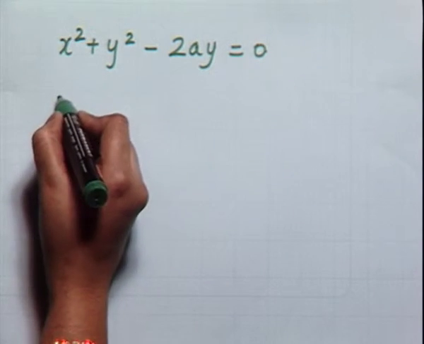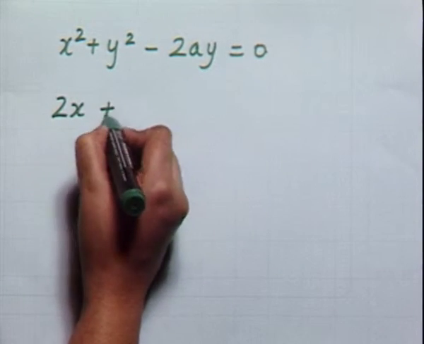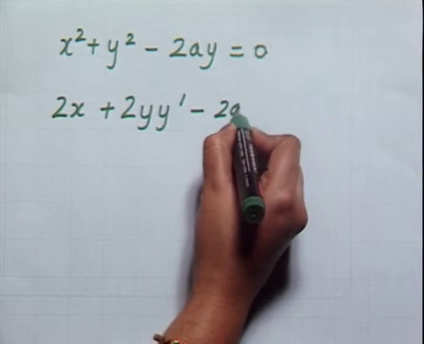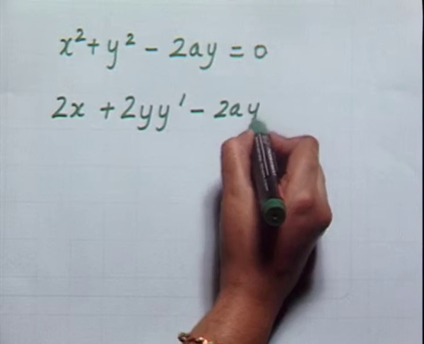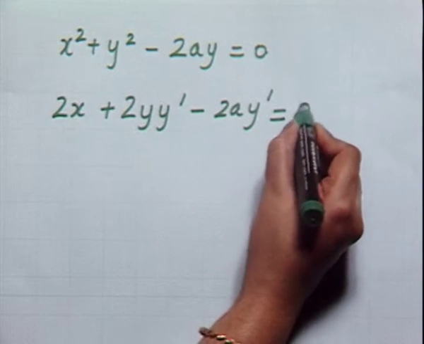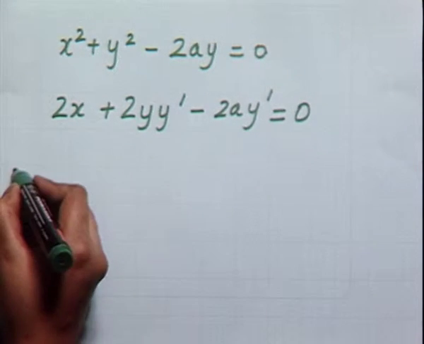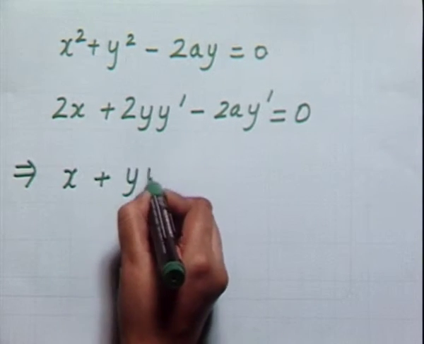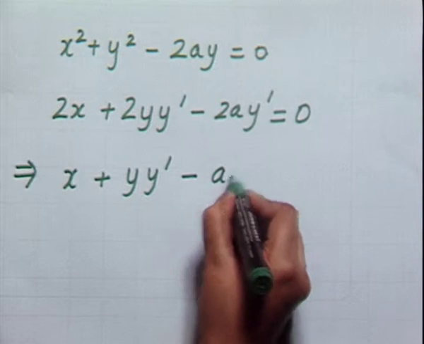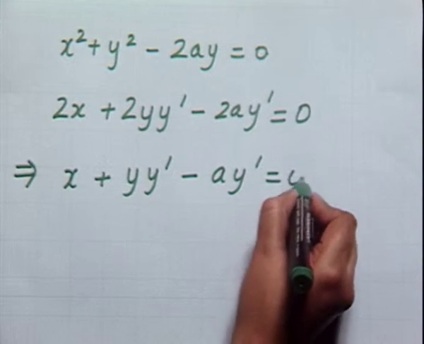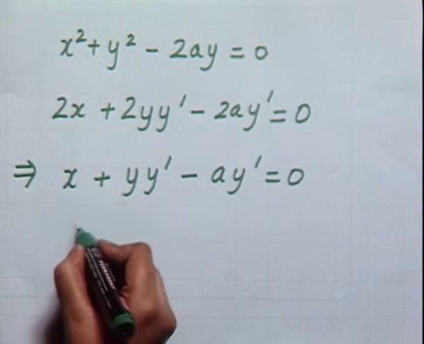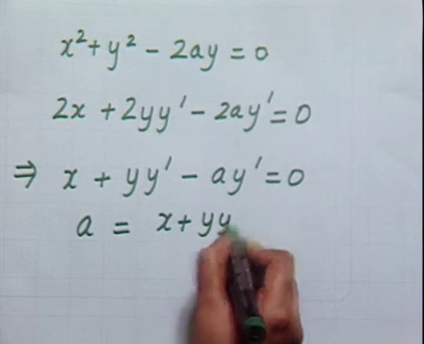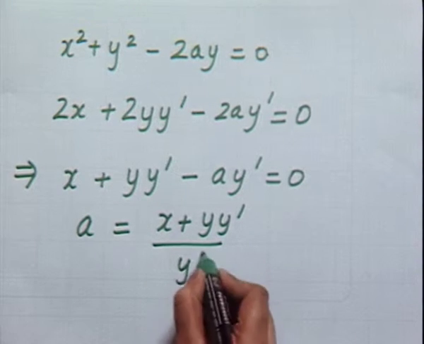Differentiating it, you will have 2x plus 2yy dash minus 2ay dash equal to 0. This is same as writing x plus yy dash minus ay dash equal to 0. From here a comes out to be (x plus yy dash) by y dash.